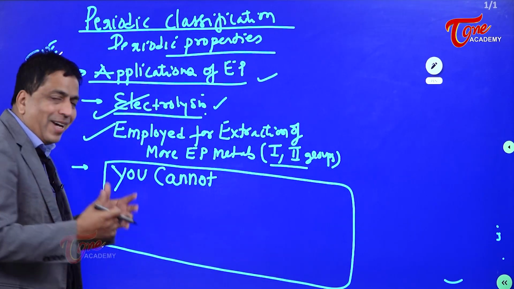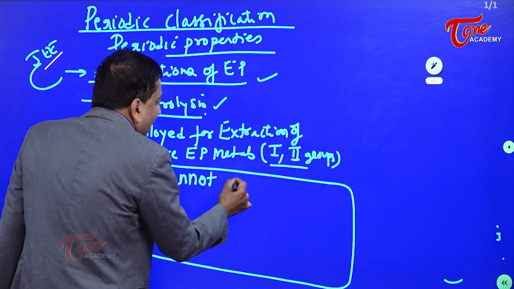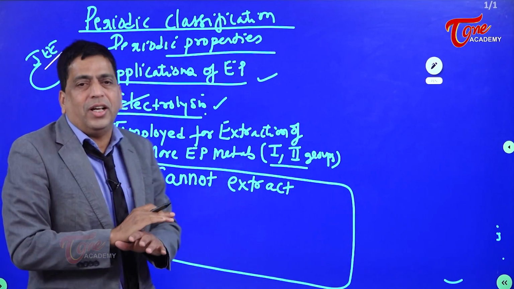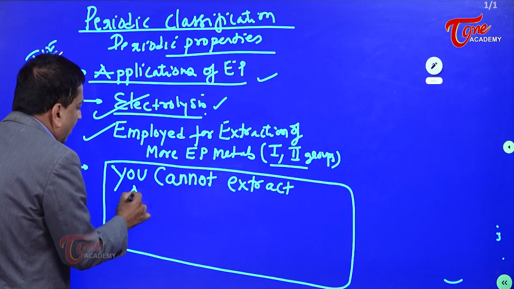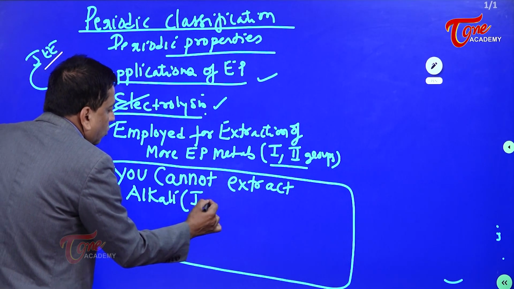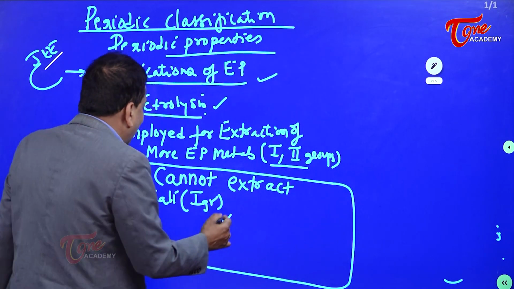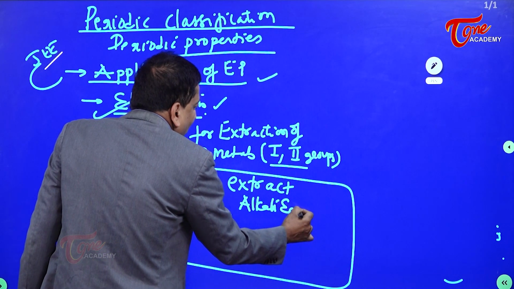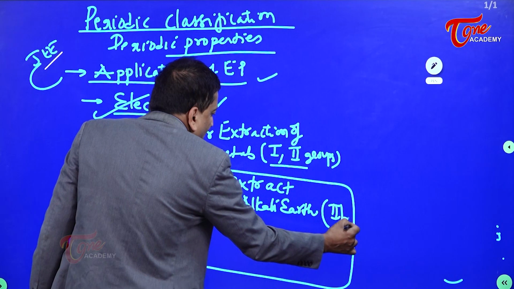I'm telling you, you cannot extract alkali. When I say alkali, I'm referring to the first group, the second group elements. That is alkaline earth metals, I'm referring to the second group, you must understand.